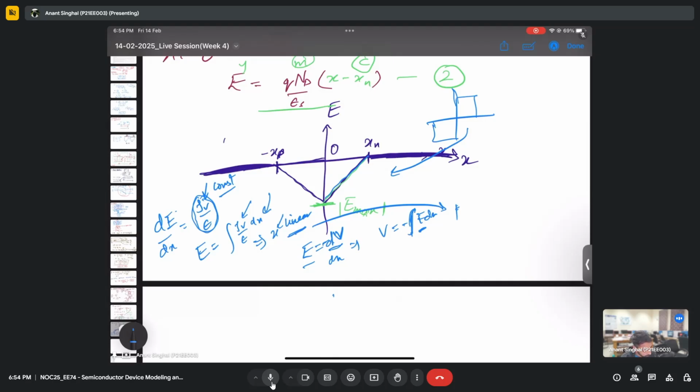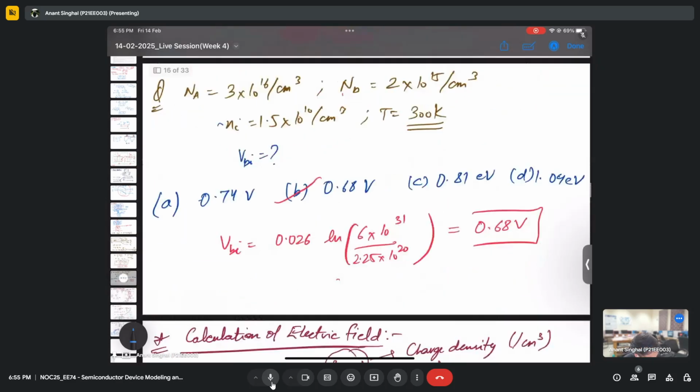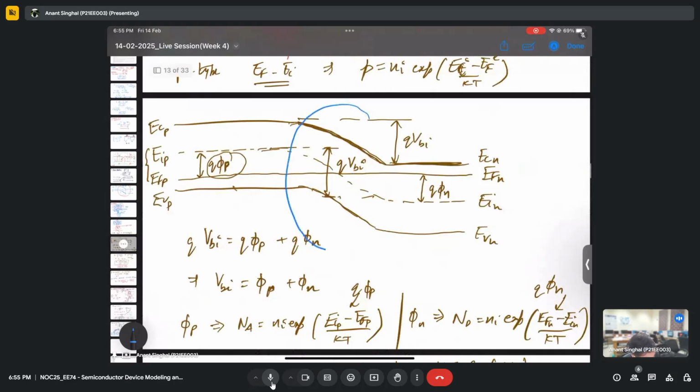So what will be the relation between the potential and the position x? The integration of a linear term is x square, so parabolic. The final potential plot will be parabolic. This is what we are aiming to solve. Understood?